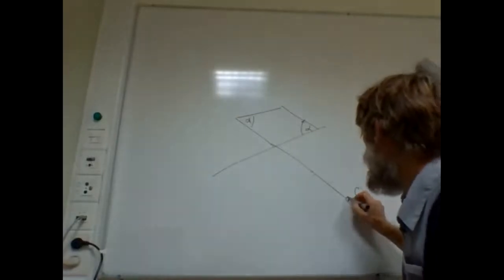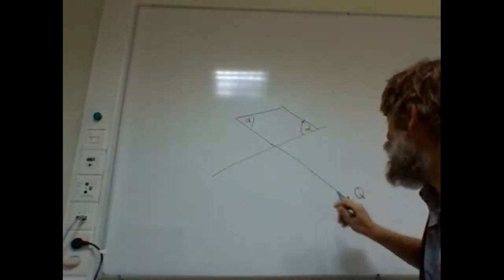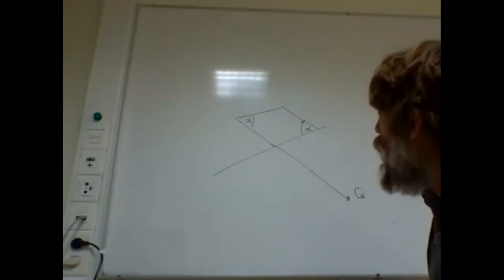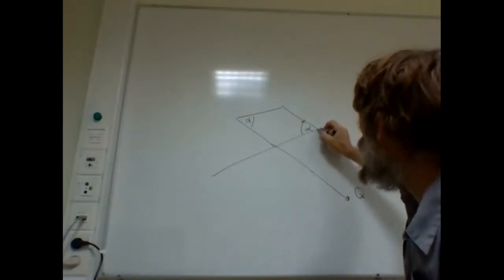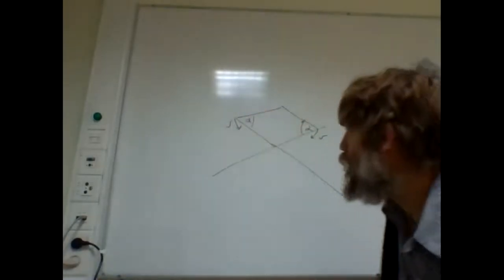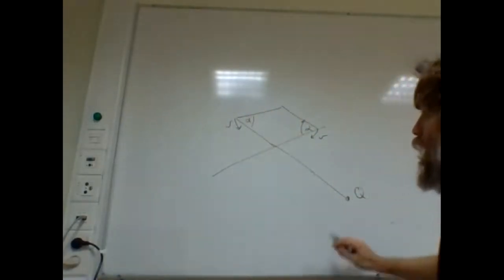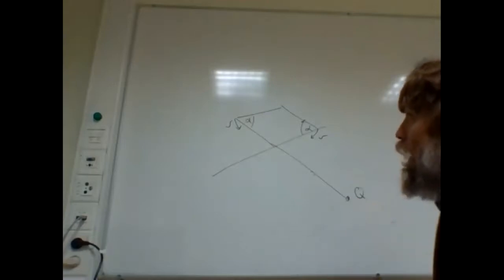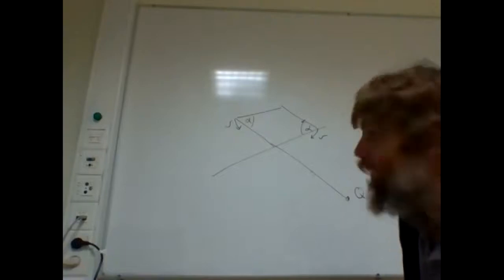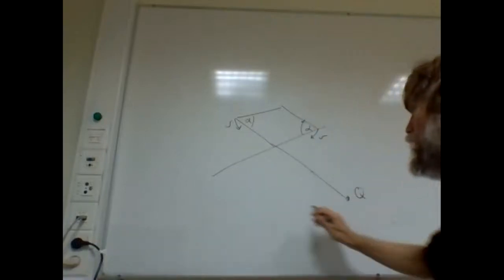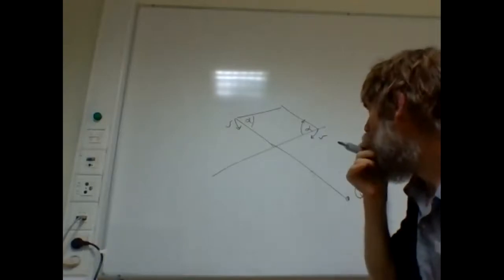And now, as for the speed of point Q, because this point here is moving with speed v, and this point here is going to move with speed v. So this point goes down with the same downward speed as this point here. So we can calculate the vertical speed component.